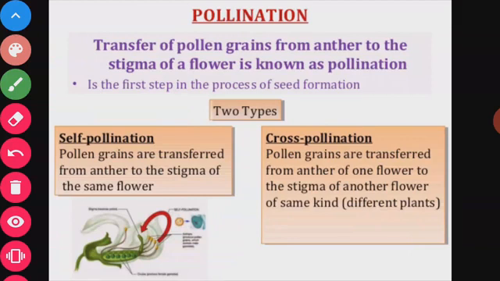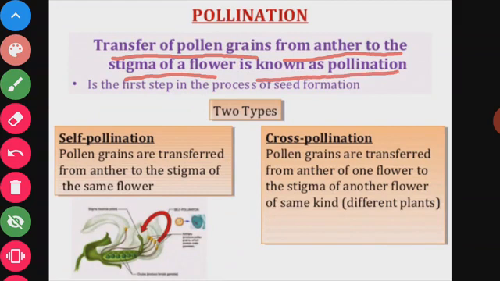What is pollination? The process of transfer of pollen grains from the anther to the stigma of the pistil is called pollination.